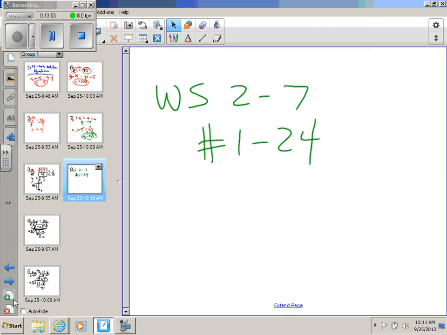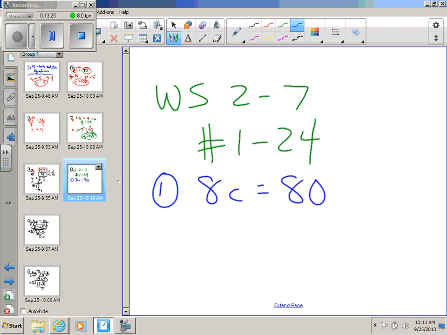Your assignment will be worksheet 2-7, numbers 1 through 24. Take a peek at 1 through 12. What are they asking you to do for 1 through 12? Sarah. State whether the number given is a solution of the equation. Very good. So they want a yes or no answer. So 8c is equal to 80, and they're suggesting that c is equal to 10.